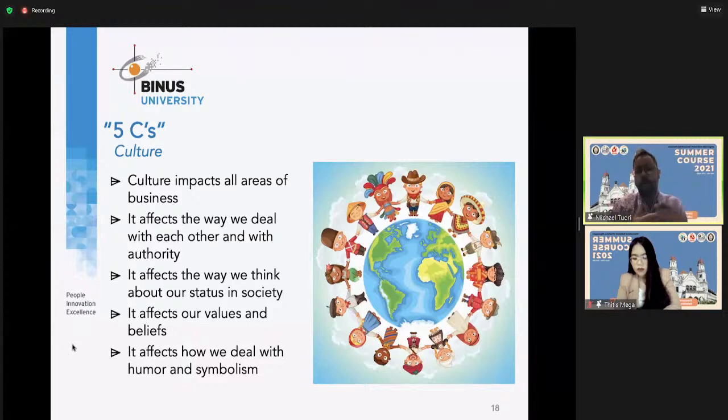So how we think about how we work with each other, how we deal with authority, with an employee and a manager. It affects our status, where we stand within our society. It affects our values and our beliefs. And it affects how we deal with humor and symbolism. We want to consider all of these things.